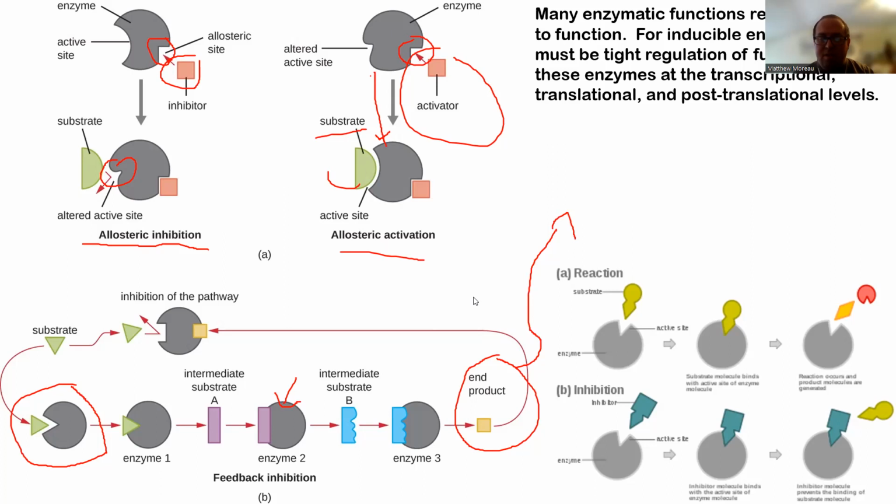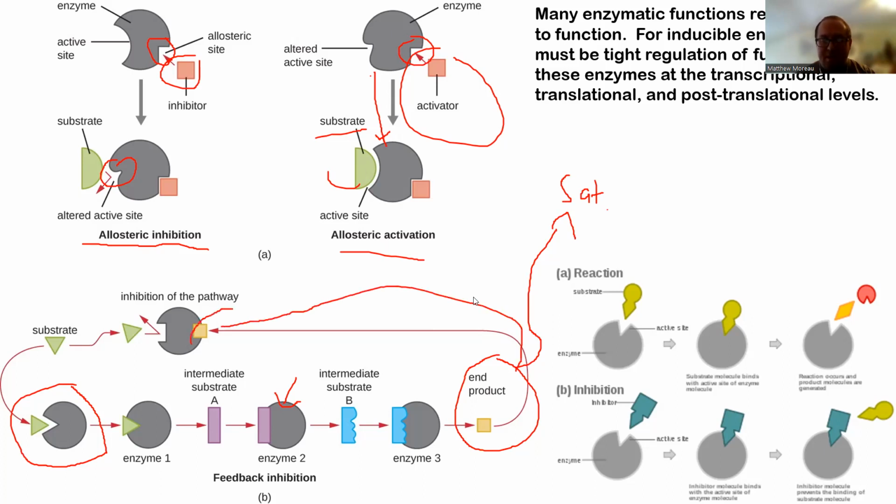But once the end product has reached saturation, meaning that you've made enough end product that you no longer need to make more, because you've met the threshold that you needed, and now you have so much extra that it can't be used in whatever reaction system you're dealing with.